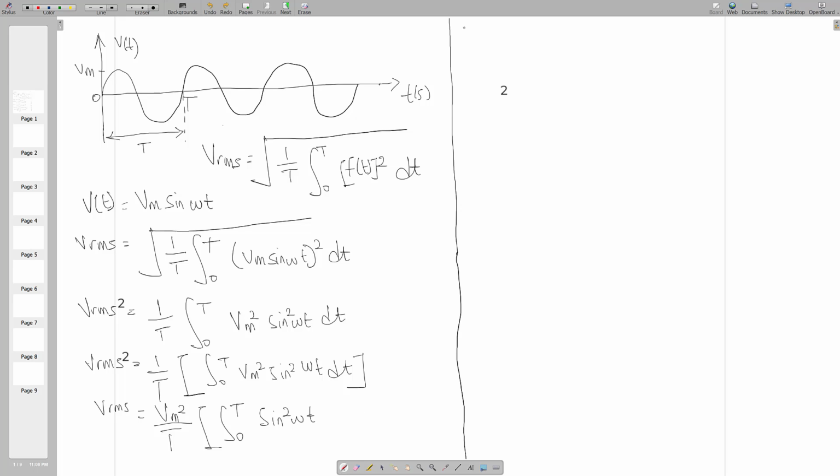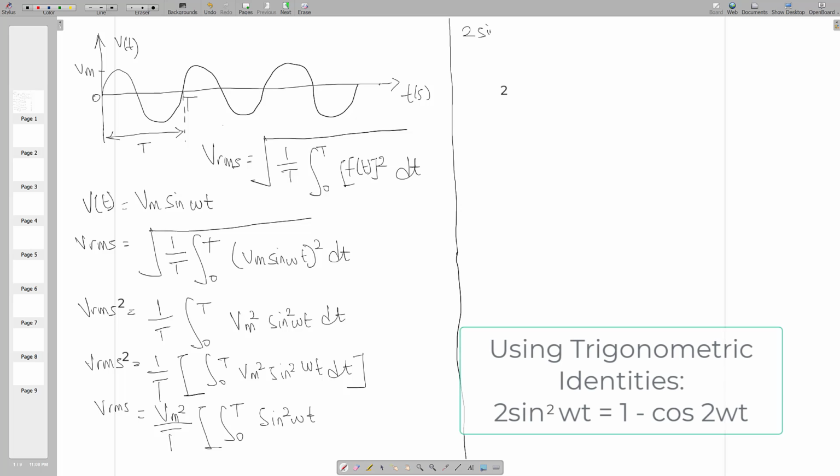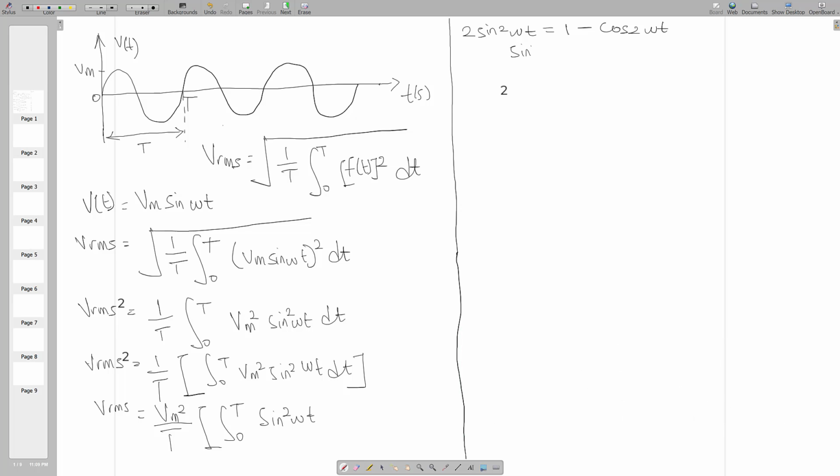Integrating sine squared omega t will be a bit complex, so we know that 2 sine squared omega t is equal to 1 minus cos 2 omega t. So sine squared omega t will be equal to 1 minus cos 2 omega t, divided by 2.